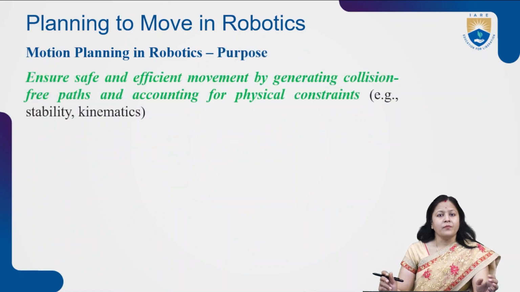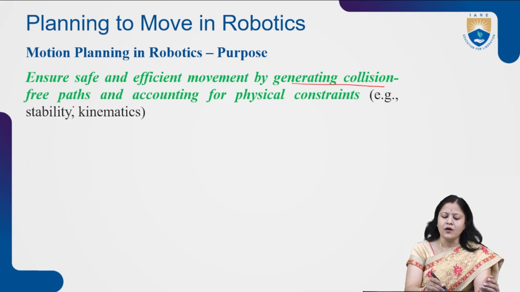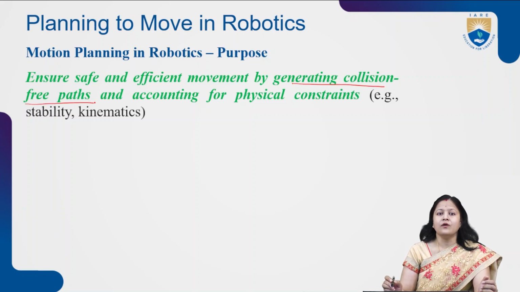Now, the main purpose of motion planning in robotics is that it ensures safe and efficient movement by generating a collision-free path. This is very important. It generates collision-free paths while accounting for physical constraints like stability and kinematics.